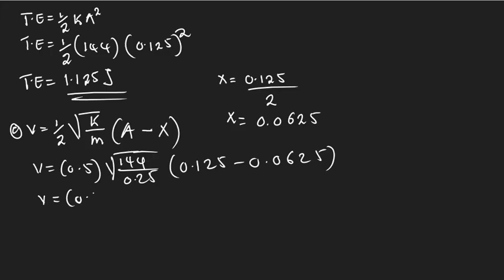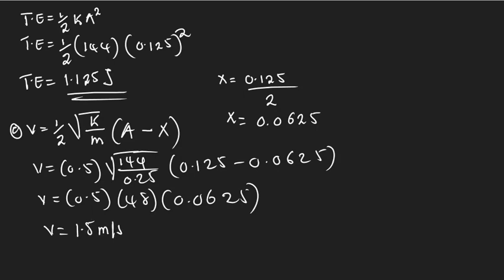So we are getting 0.0625. Then we take the square root of 144 divided by 0.25, and we are getting 48. Our velocity is going to be 48 multiplied by 0.0625, giving 1.5. So our velocity is going to be 1.5 meters per second.